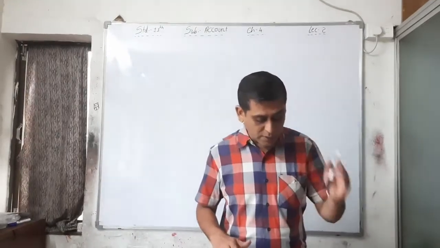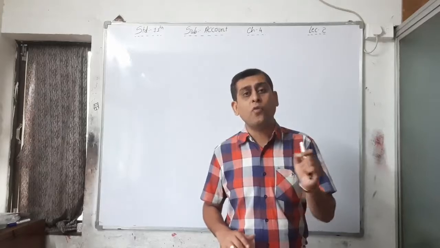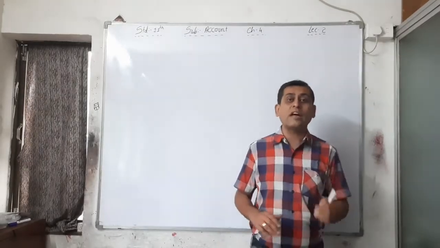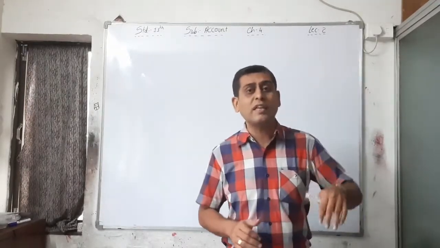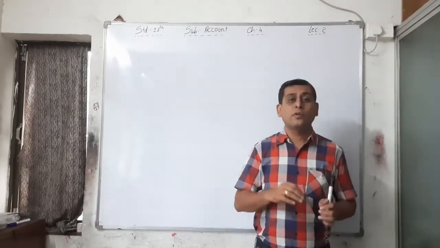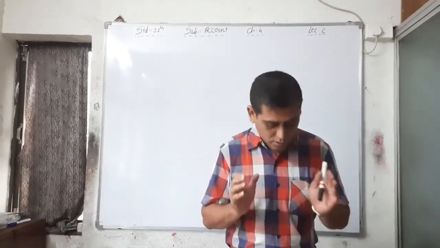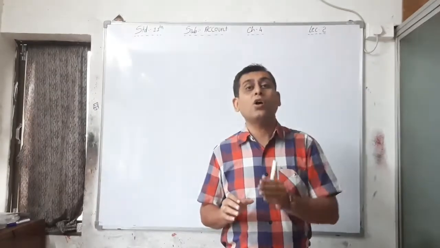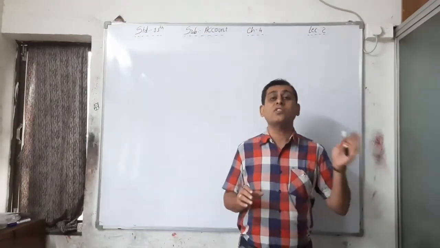So Ajay commenced a business. See, Ajay is for what? See the transactions. In the transactions, Ajay's name is given, so you know that this is the owner, right? In Awadh Enterprise, the owner of that Awadh Enterprise is Ajay.